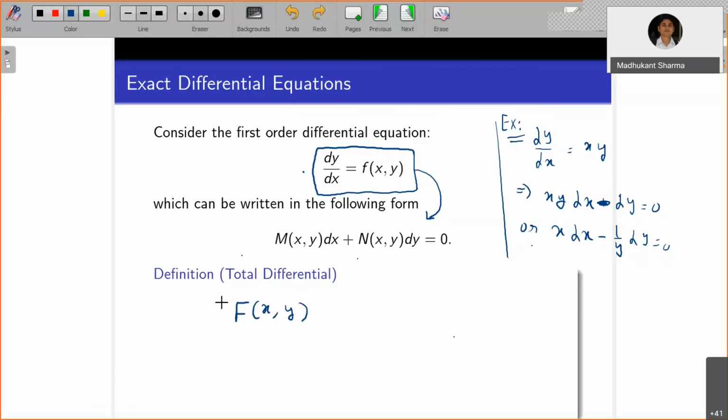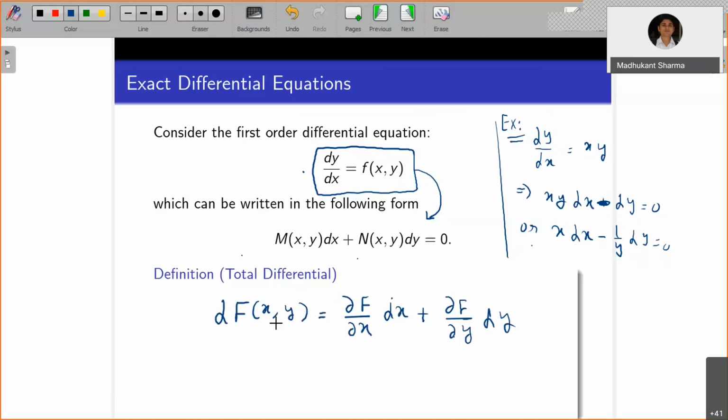Applying that rule, the total differential is the partial derivative of F with respect to x times dx, plus the partial derivative of F with respect to y times dy. If you can recall from your intermediate sessions, that is very straightforward.